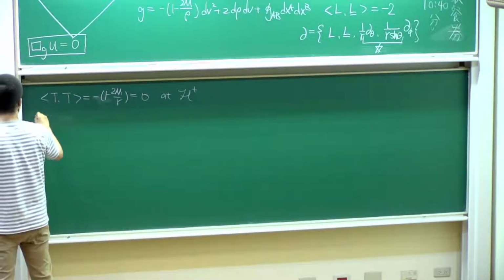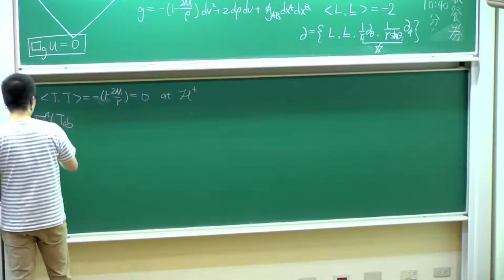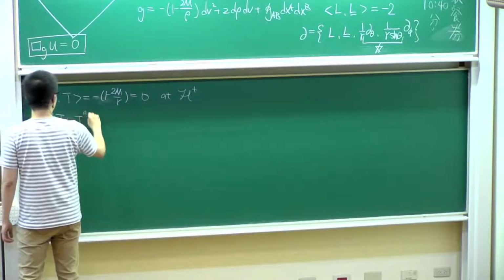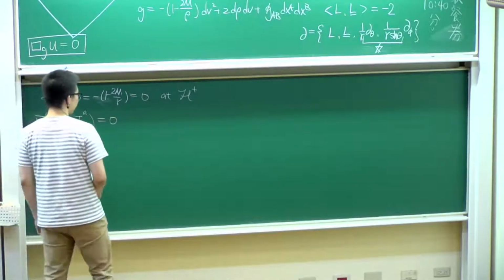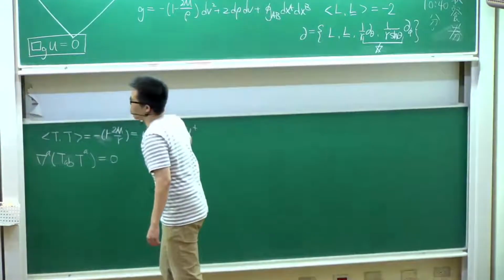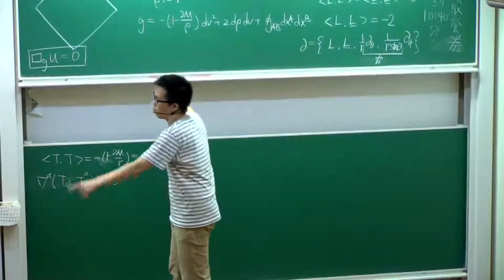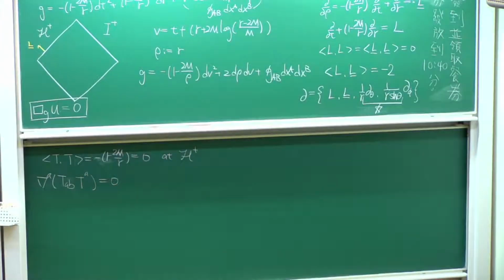Because T is still Killing, we still have the divergence theorem: the divergence of T^A, the current T_AB T^A, is still 0. Therefore, we can apply the divergence theorem to the generalization of that slice. The slice we are going to take looks like this.